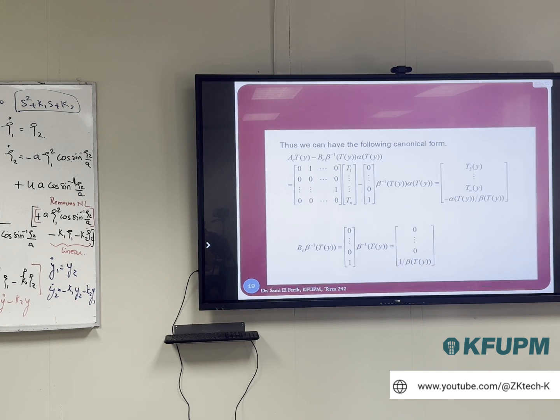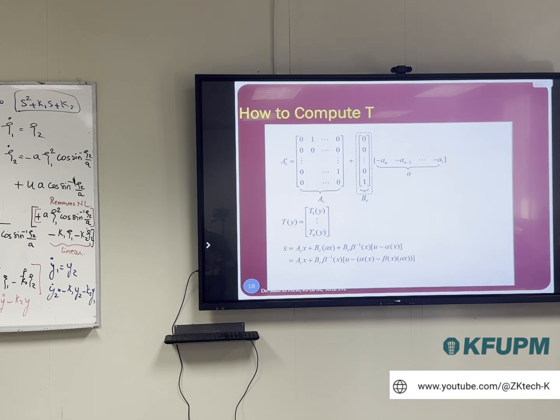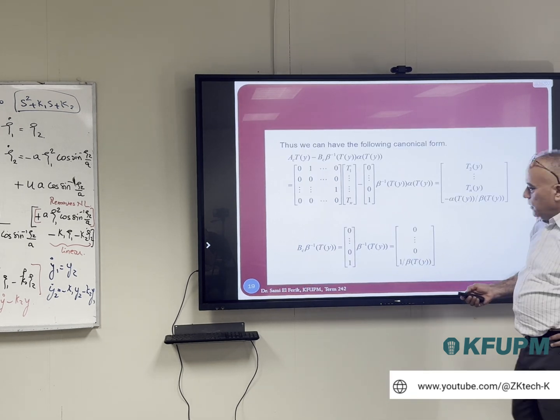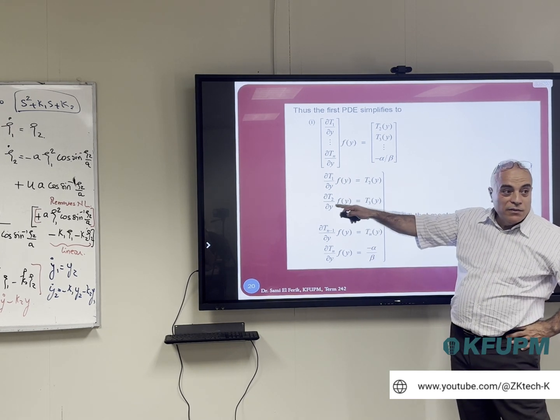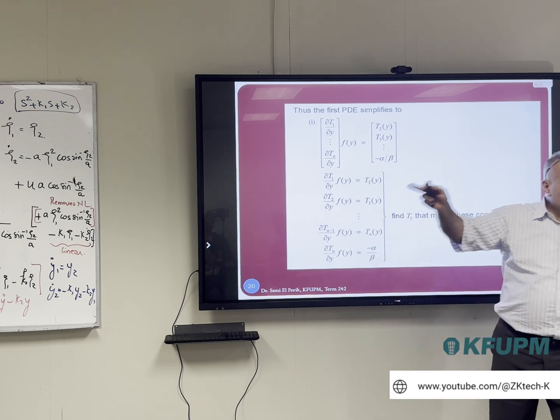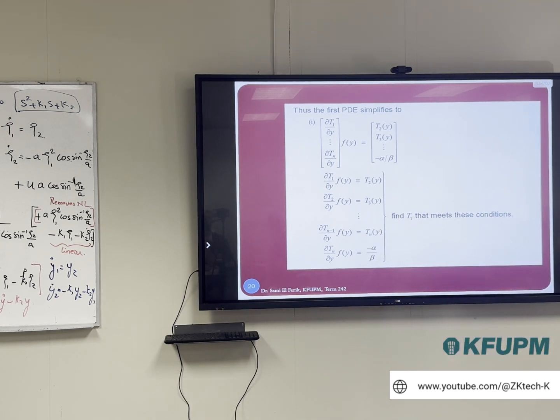Feedback realization. There is a way to find the transformation, but it requires a lot of mathematics and partial derivatives. So basically what we have to solve is a set of partial derivatives like this to be able to find this transformation that will transform a system of order n from nonlinear to linear.